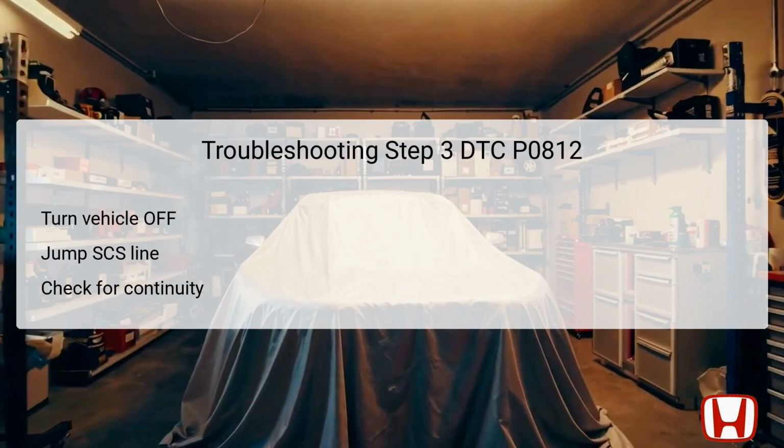Utilize the HDS to jump the SCS or SRS supplemental restraint system line and allow more than 1 minute for proper system configuration. Following this, you will disconnect the PCM connector A51P to isolate the control module from the test process. At this juncture, check for electrical continuity between two designated test points.